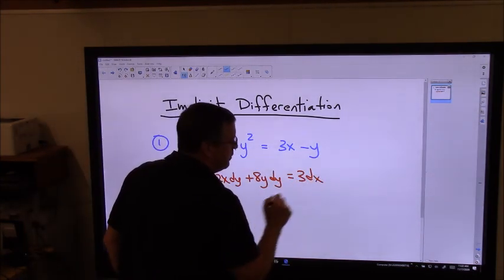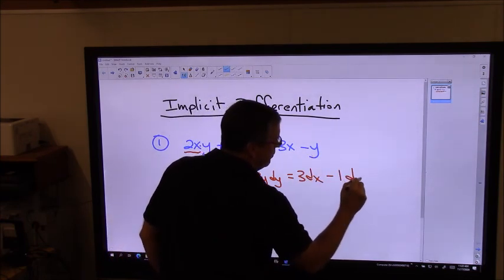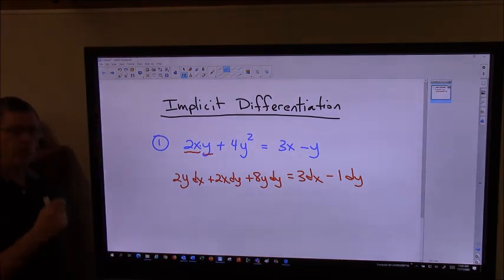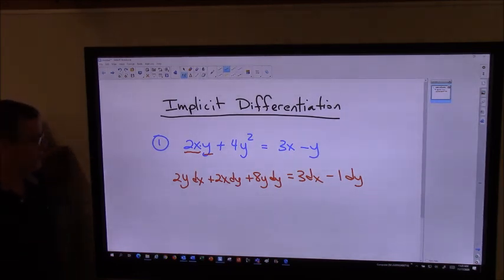Just took the derivative of x, minus the derivative of that would be 1, and I just took the derivative of a y variable. Okay? Now, remember, when you take a derivative, dy over dx means the same thing as y prime. That's what I want to try and do. I want to get dy over dx.